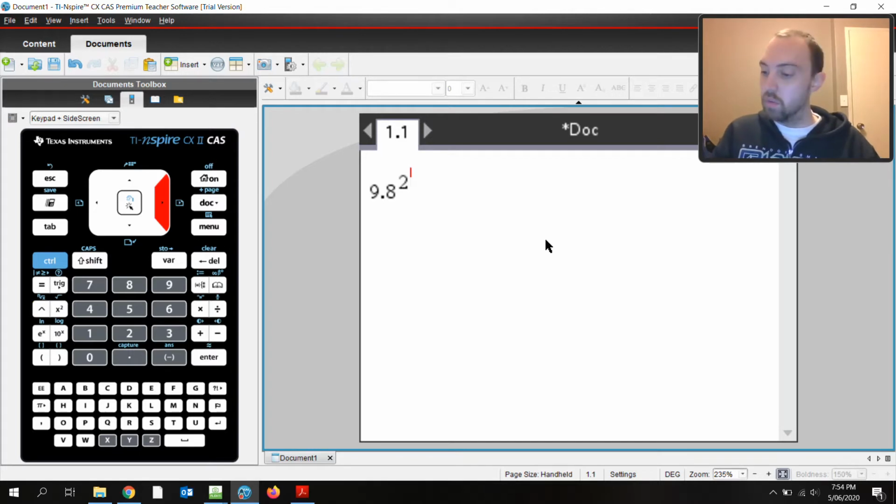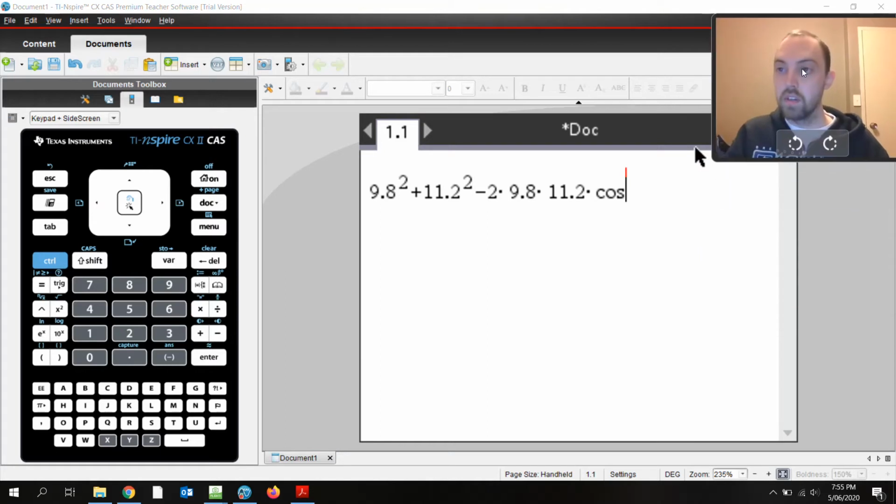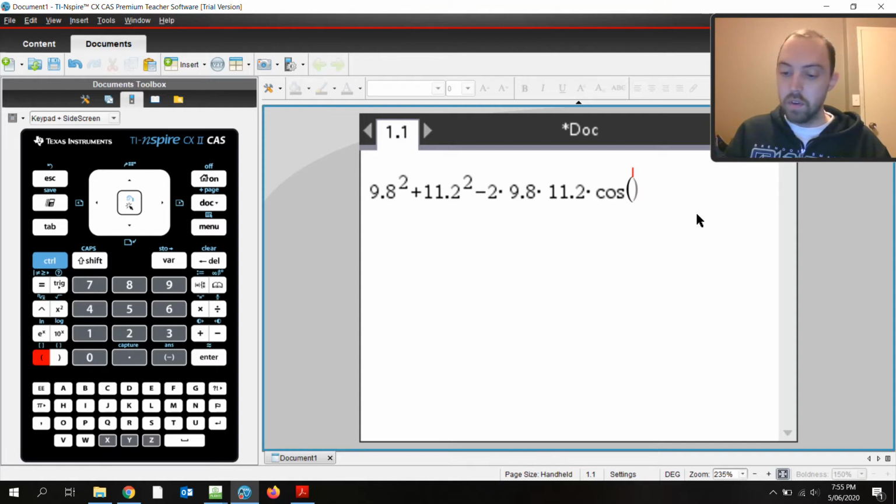Tap across when you're doing powers. 2 times 9.8 times 11.2 times cos of, and make sure I'm still in degrees because I'm using degrees. Sure am. Cos of 105.